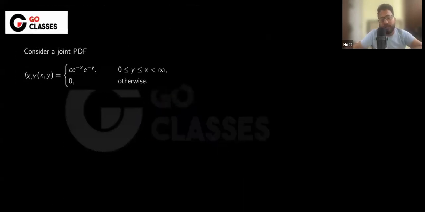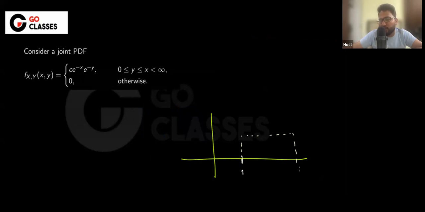See, in 1D, or in just one random variable, what we used to do, let's suppose this is a uniform distribution. If this is a uniform distribution and the PDF is given like this, let's suppose from 1 to 2 there is a PDF.